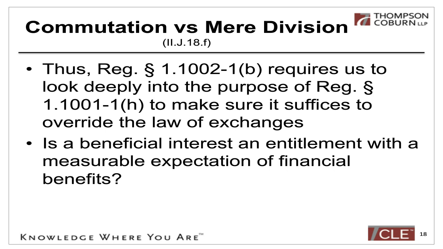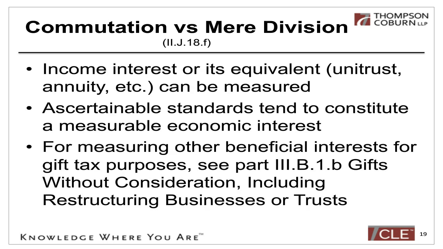Next slide. So an income interest or its equivalent can be measured. Ascertainable standards tend to constitute a measurable economic interest. But let's suppose we have a beneficiary who's entitled to distributions for support, but the trustee every year says, you have enough money as it is, you don't need a distribution, I'm not giving you a dime.